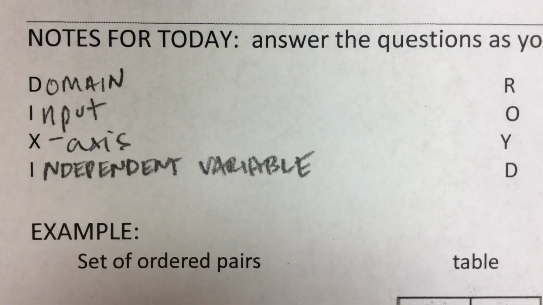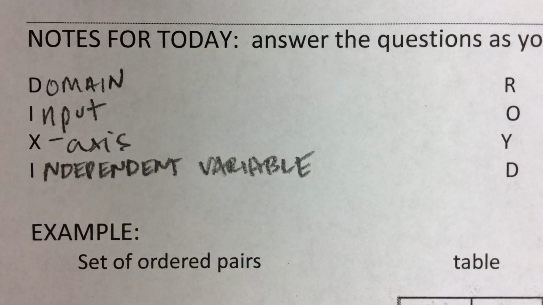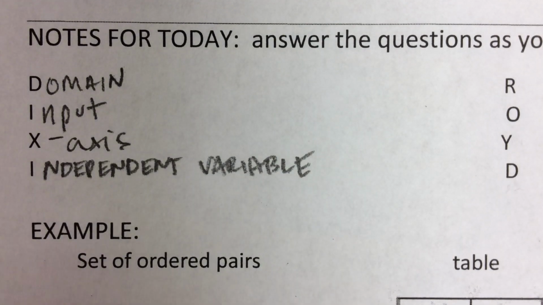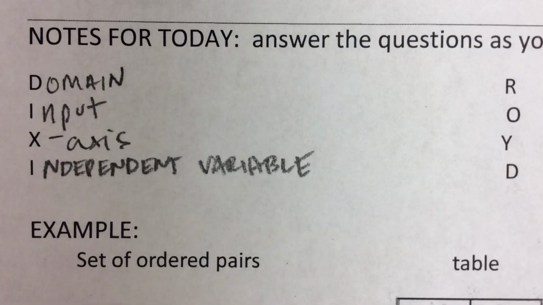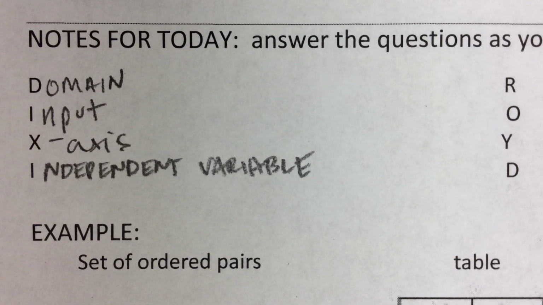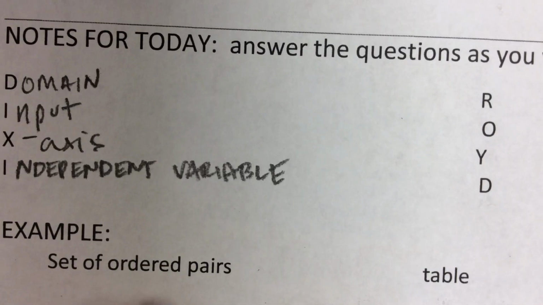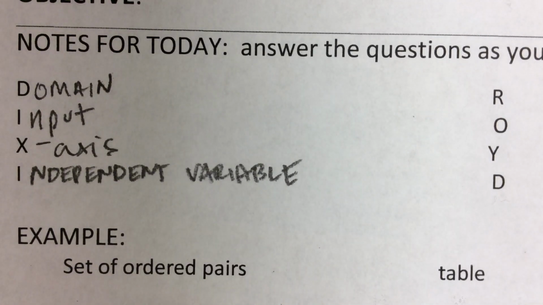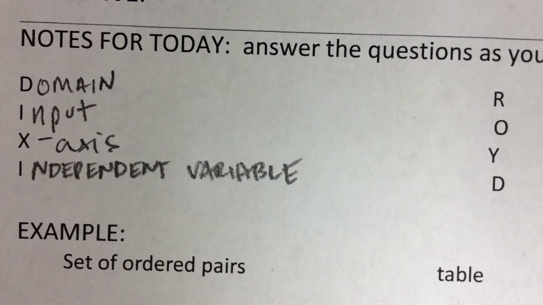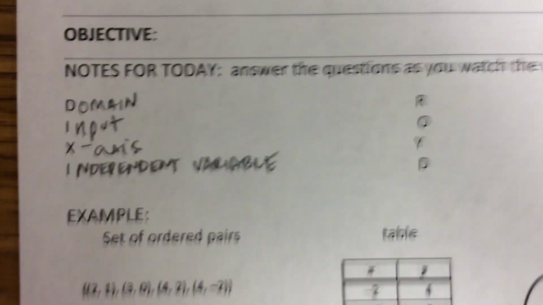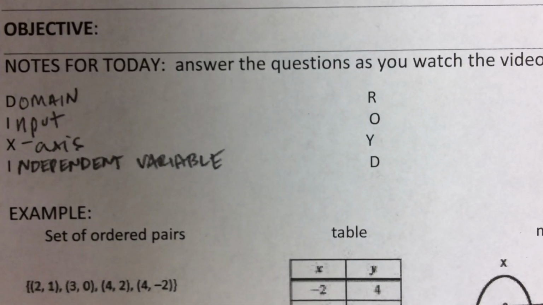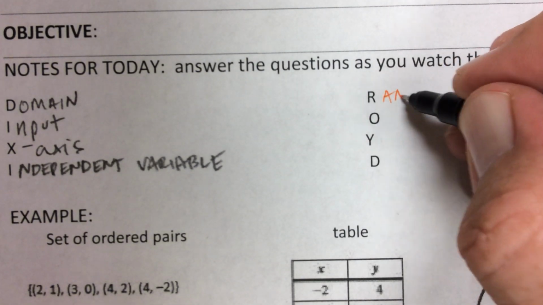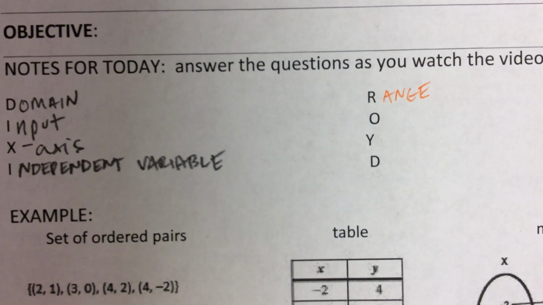All right, so Dixie, if you take the first letter from each one of those, we get Dixie: domain, input, x-axis, independent variable. Roy D is just going to be the opposite of each one of those. So the opposite of domain is the range.